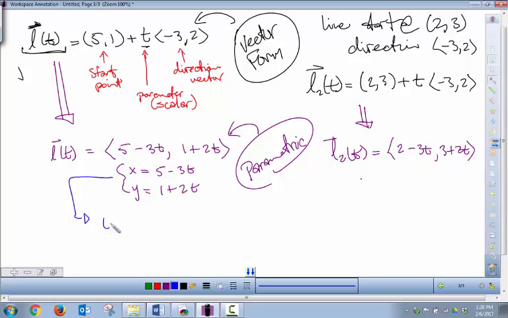So I think t is equal to (x minus 5) divided by negative 3. Did I do that right? Subtract, divide. And then the next one, (y minus 1) divided by 2. Subtract the 1, divide by 2.